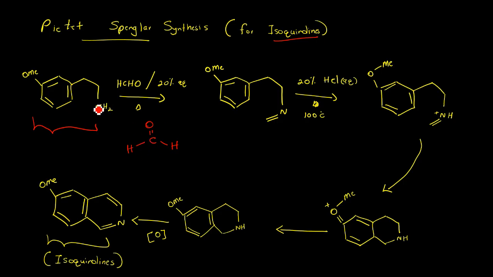Now what happens is, nitrogen has a lone pair. This lone pair will go and attack this carbonyl carbon, because the carbon is electron deficient due to this oxygen bond. When the attack happens, a nitrogen and carbon will form a bond. Now this particular step is called imine formation.